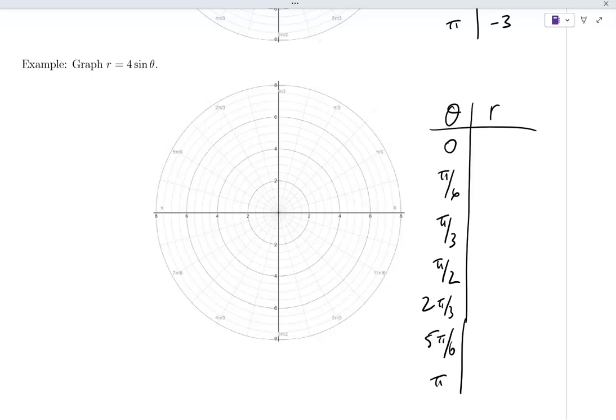Just to save a little bit of time, sine of 0 is 0, so we'll get 0 for r. Sine of pi over 6 is a half, so we'll get 2. Sine of pi over 3 is root 3 over 2, so we'll get 2 root 3. Sine of pi over 2 is 1, so we'll end up with 4. And then they'll come back down again and get 2 root 3, 2, and 0 for the other ones.